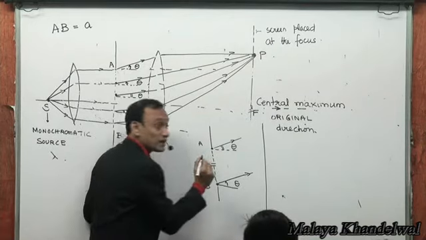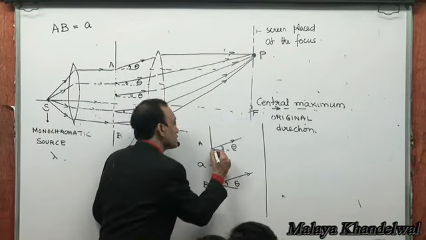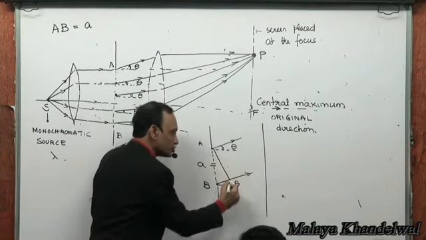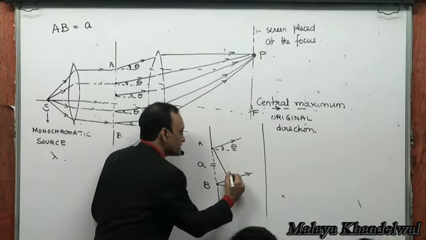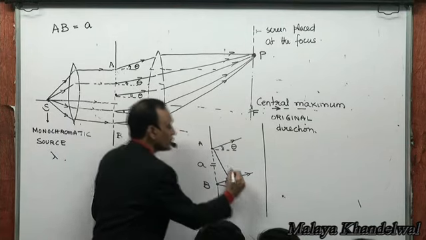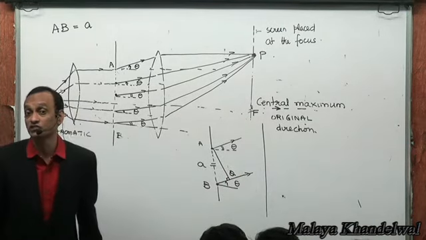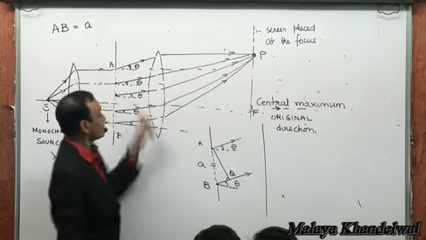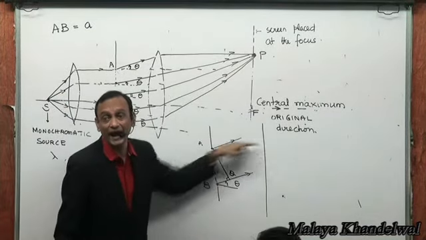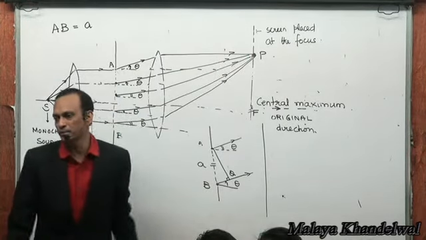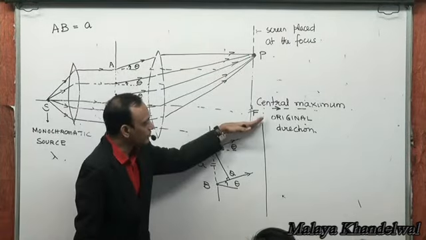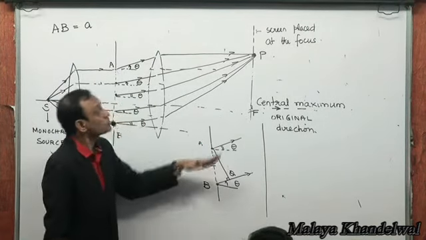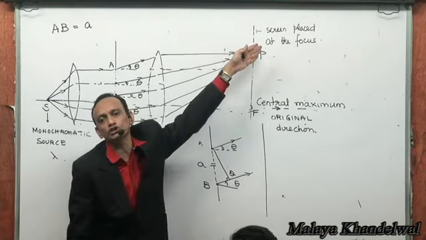There is a path difference between these two directions, right? The path difference, like we saw, same mathematics. From A, I drop a perpendicular onto this at say Q. Then BQ would be the path difference between this ray and this ray from A and B superimposing at P. Rays starting from A at an angle theta, rays starting from B at an angle theta, superimposing at a point P on the screen.